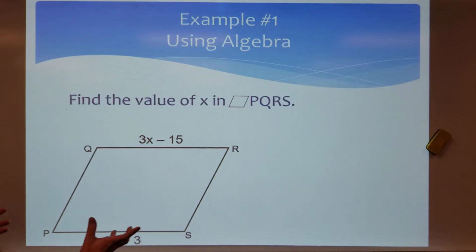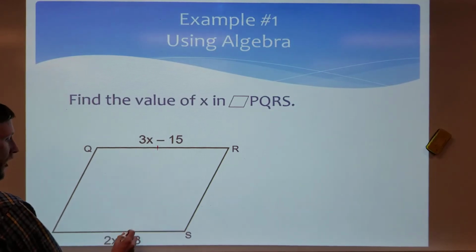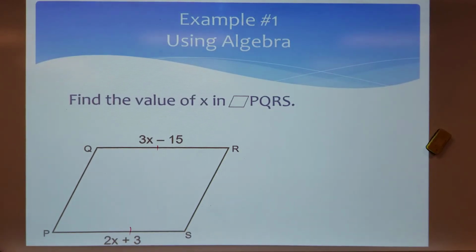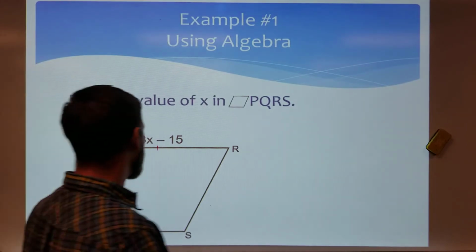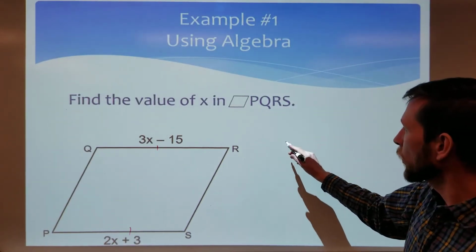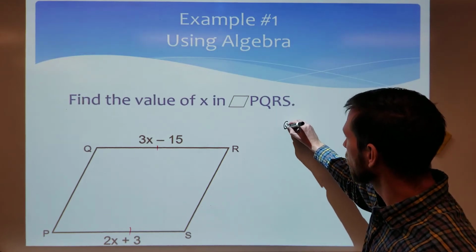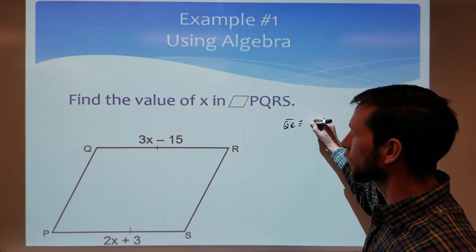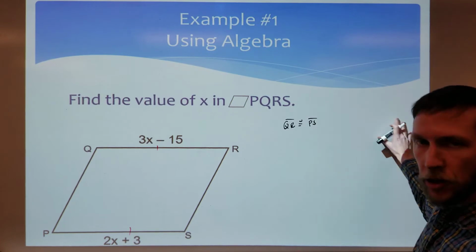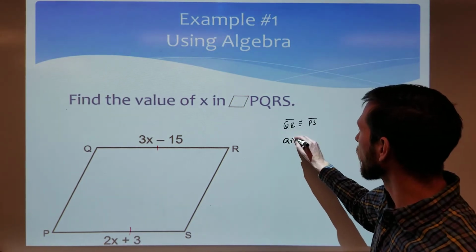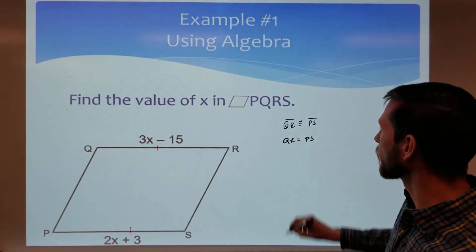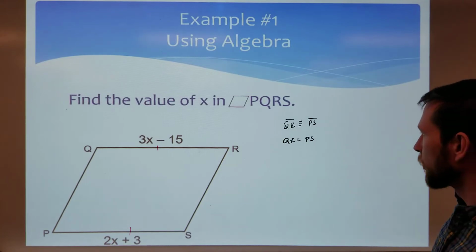We're not told anything else other than that this is a parallelogram, but we know now, because of Theorem 6.1, that this segment is congruent to this segment, and therefore the lengths of those sides are equal to each other.